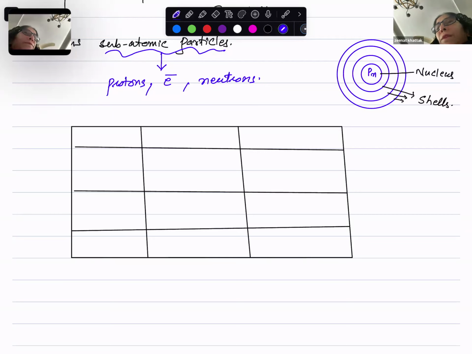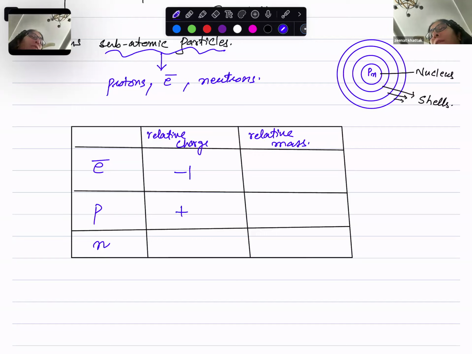Now, electron, proton, neutron, relative charge and relative mass. Relative charge is -1, +1, and 0.